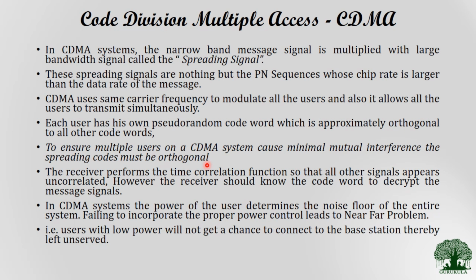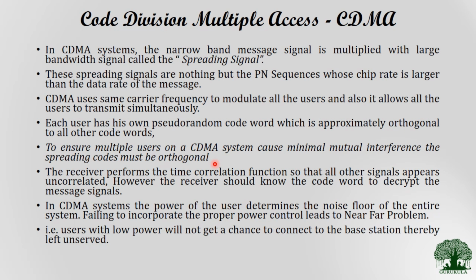Bringing orthogonality among the codes will make the signals of user A and user B very much uncorrelated. Bringing in uncorrelation among the signals is an important parameter to reduce the interference in the transmission system. If the signals are very much correlated, that means the signals are very similar to each other, and that will lead to intersymbol interference.